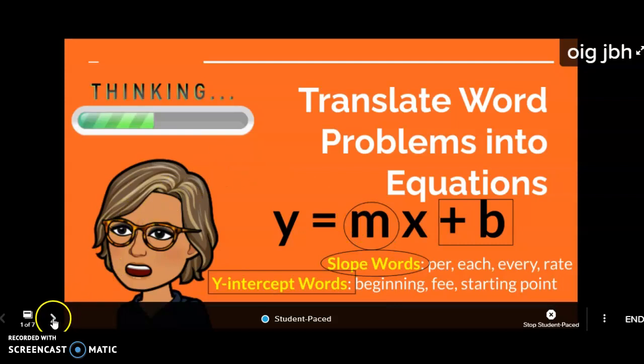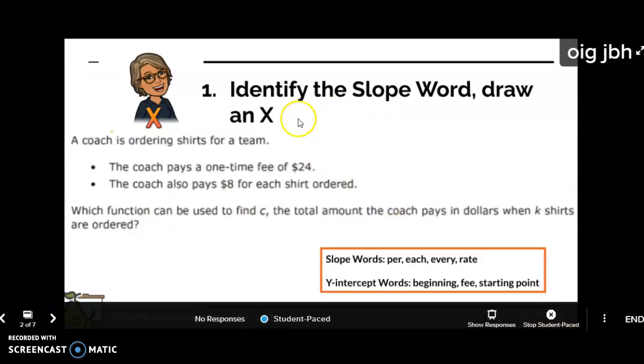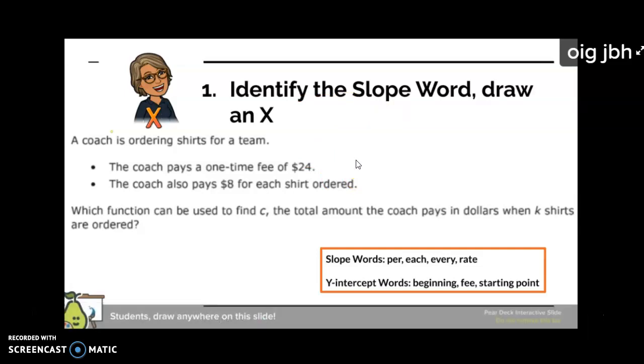Your first slide is the first step of writing equations from word problems. We're going to break down each of the steps into their own slide, and they'll be working together to get to our goal of writing equations.